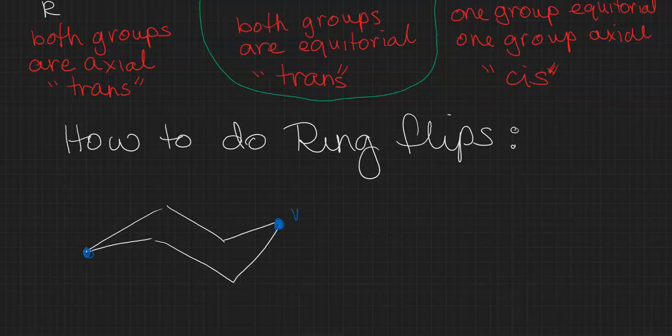Because this is up, I would call this an up tip. And because this one is down, I would call that a down tip. So you have the ability to start at whichever tip you would prefer. My preference is always the up tip. I like to start at the up tip.